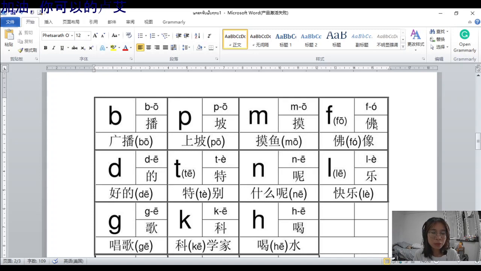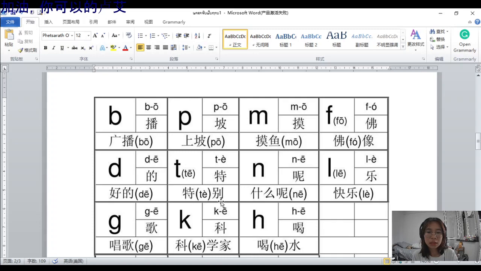Okay, for this one, read 像 and 好的. Sometimes they read okay, 好的. This one is read 好的, it means okay. Yes, like this.